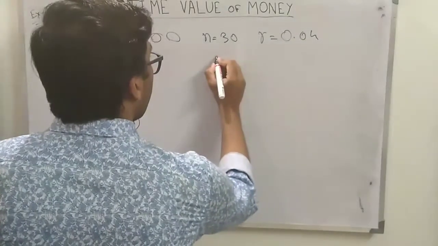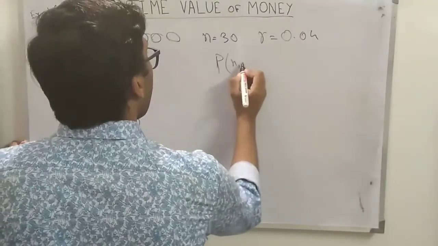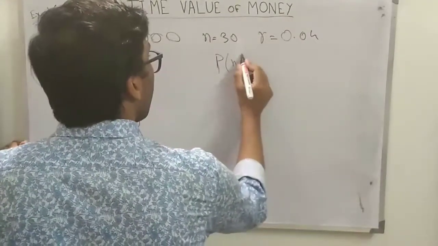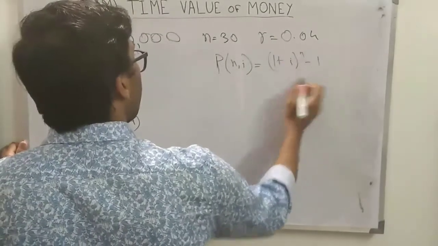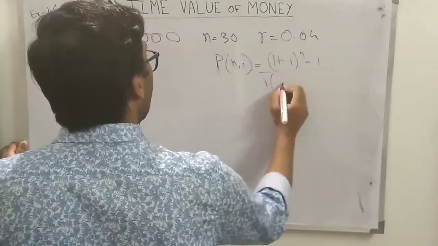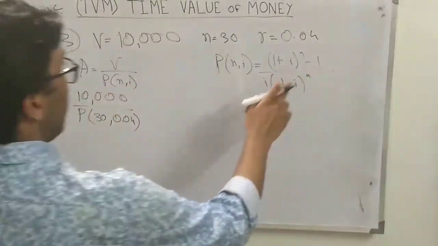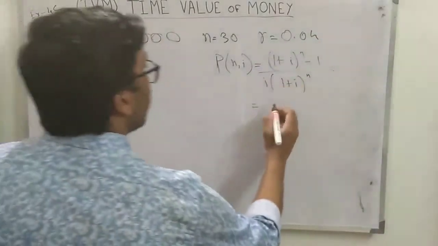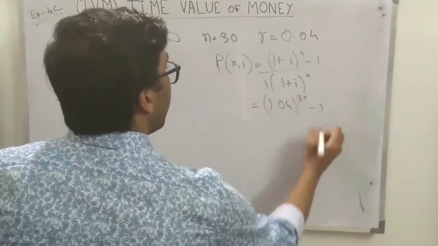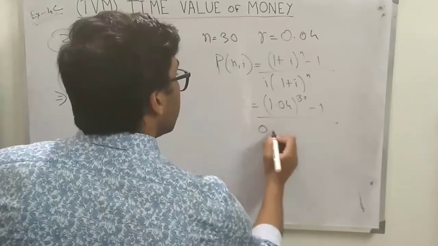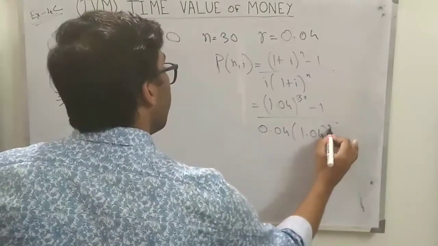Now PNI is equal to 1 plus I to the power n minus 1 divided by I into 1 plus I to the power n. 1 plus I, that means 1.04. 1.04 to the power 30 minus 1 divided by 0.04 into 1.04 to the power 30.